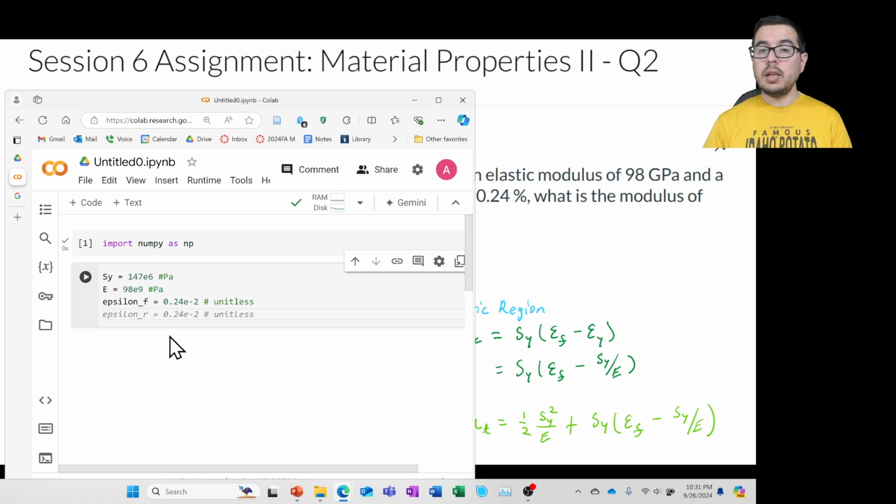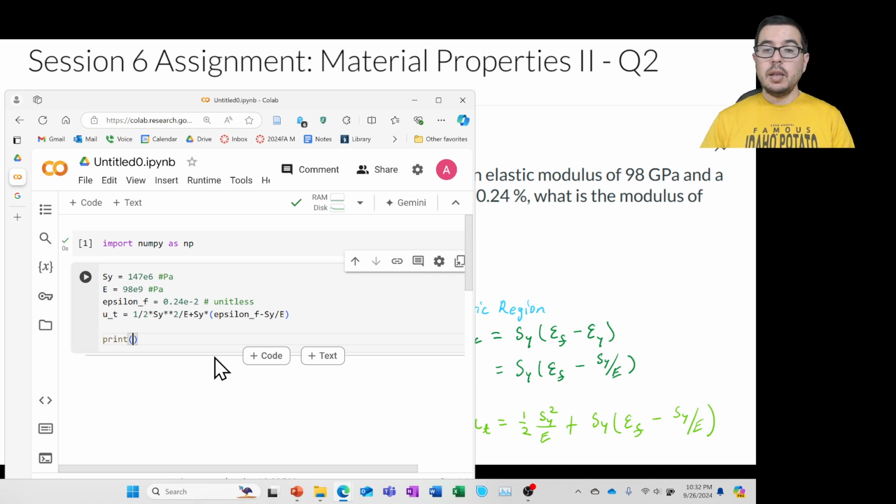All right, and let's say ut is 1/2 times sy, asterisk asterisk is for squared, divided by e plus the sy times quantity epsilon f minus sy divided by e, just like that. I think that's right. Well, if we get an error, we'll fix it.